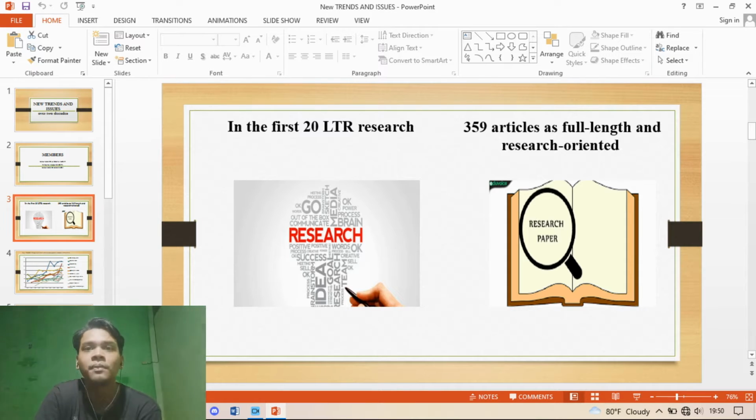We take this from the article by Paul Stapleton and King Shaw, who investigated through a survey the main focus of 359 articles in categories such as pedagogical effects, teacher perception, and learner behaviors. The study served as an inventory of research interest in the first 20 years of the journal's existence.